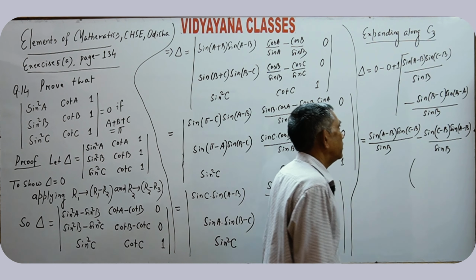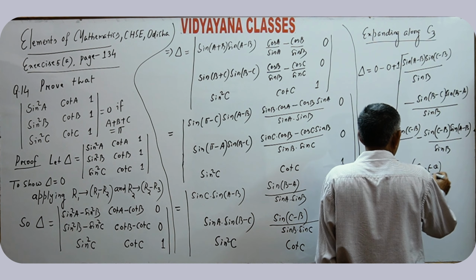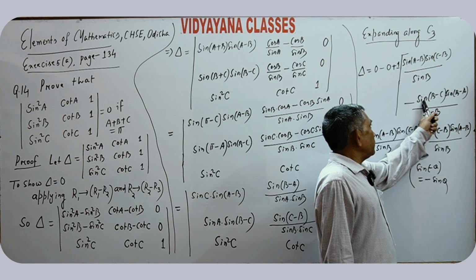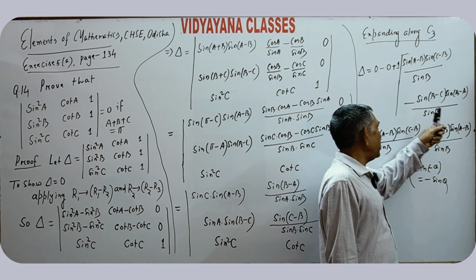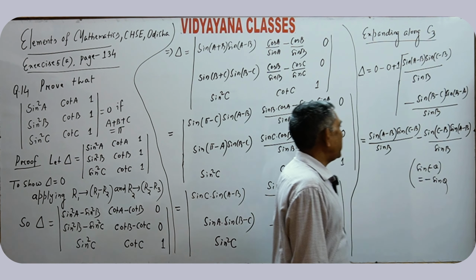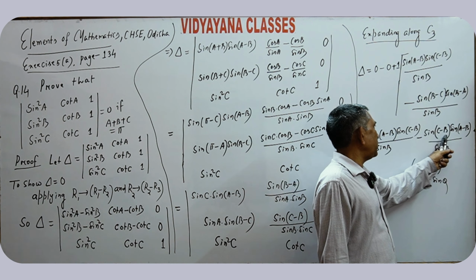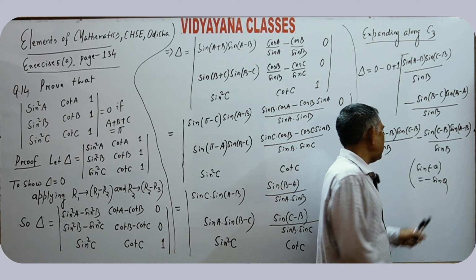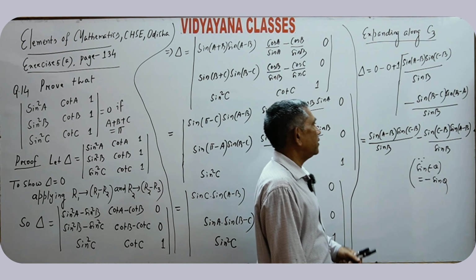Since sin minus theta is equal to minus sin theta, sin C minus B gives 1 minus, sin A minus B gives 1 minus. So this is the same as sin C minus B into sin A minus B divided by sin B. Clear?